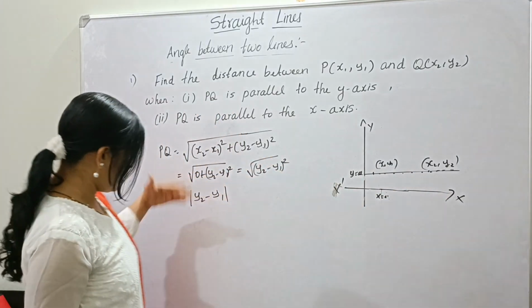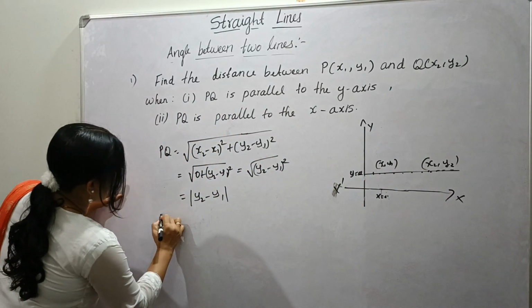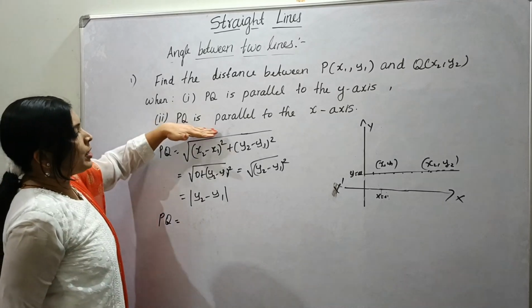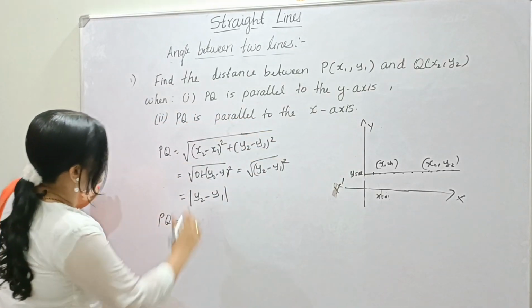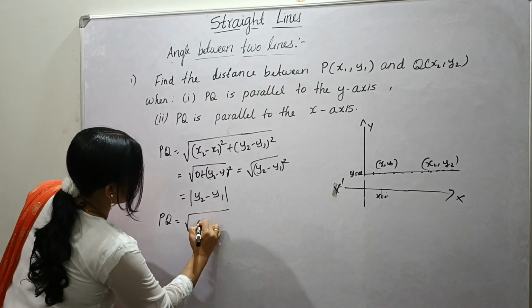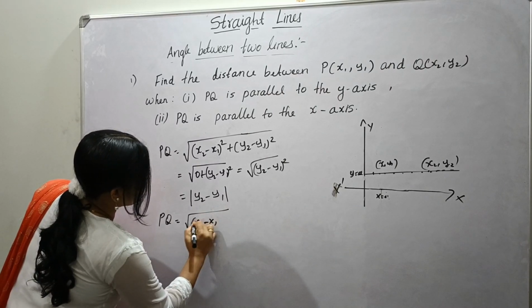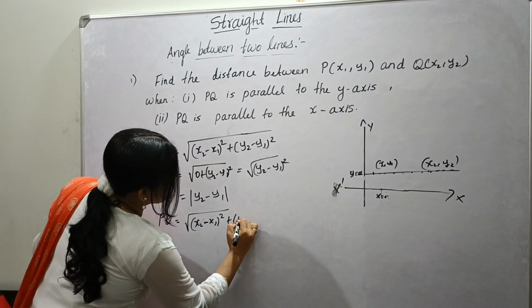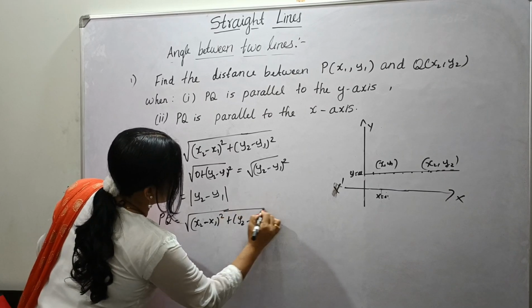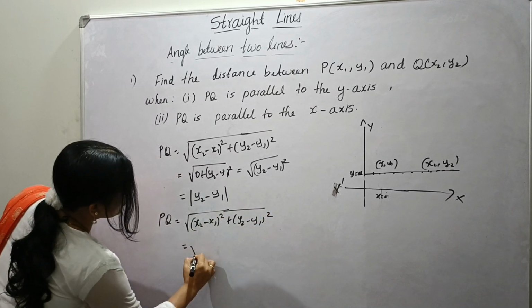Therefore, in the same way, when PQ is parallel to the x-axis, PQ is equal to the square root of (x2 minus x1) whole square plus (y2 minus y1) whole square.